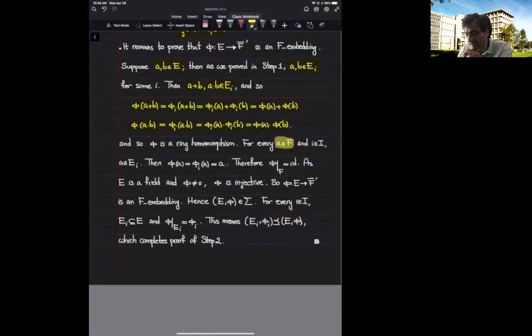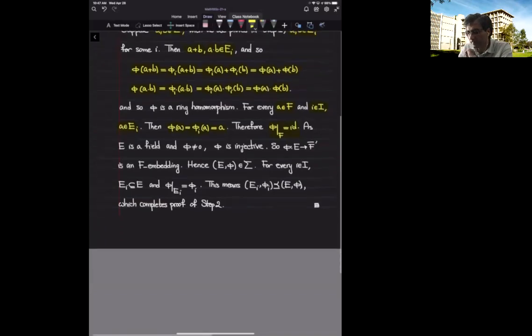For every A inside F, this belongs to every E sub I. No matter what index you pick, because E sub I is an extension of F, A does belong to E sub I, and then phi of A is phi sub I of A. But phi sub I is an F embedding, so therefore it is just A, which means phi restricted to F is identity of F, and that implies that it is F linear.